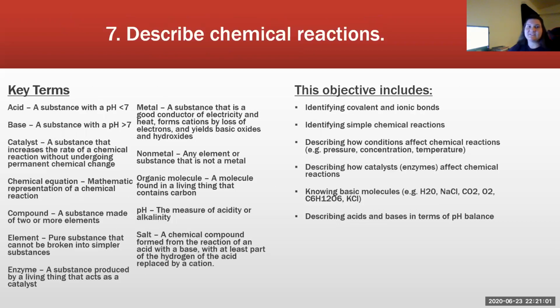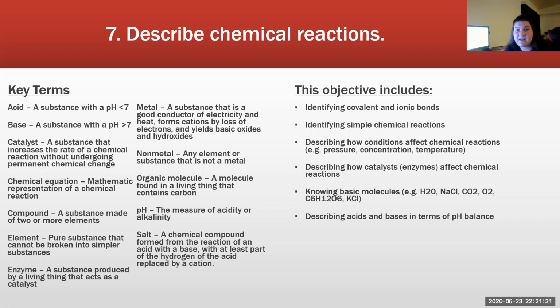Describe chemical reactions. This is the last slide for the science portion. So these are the last 2 slides. Key terms: acid, base, catalyst. Familiarize yourself. Understand chemical reactions, because we need to be able to identify covalent and ionic bonds. Simple chemical reactions. We have to describe how conditions affect chemical reactions: pressure, concentration, temperature.